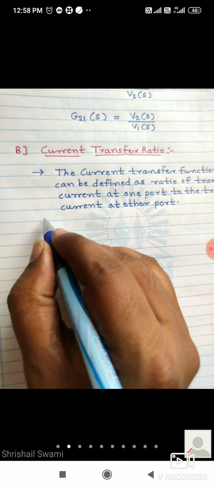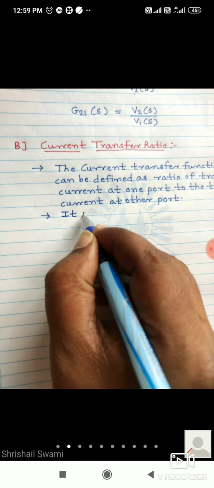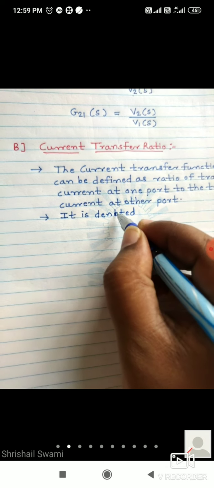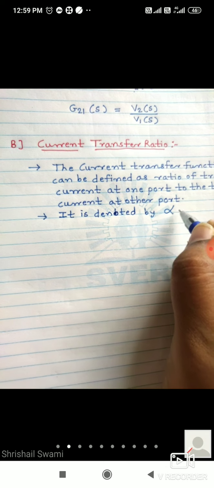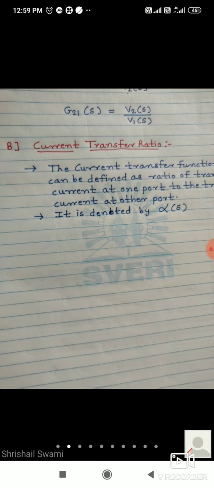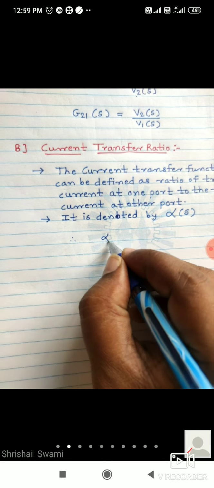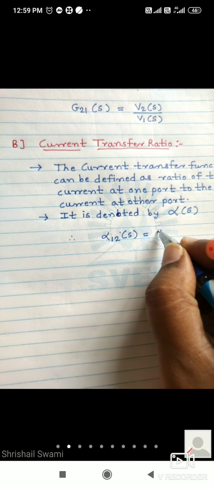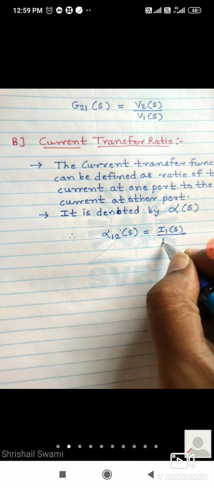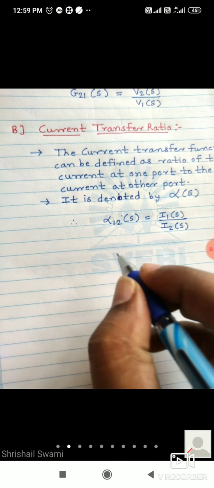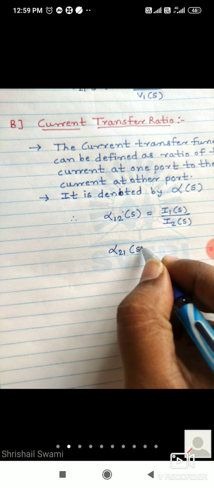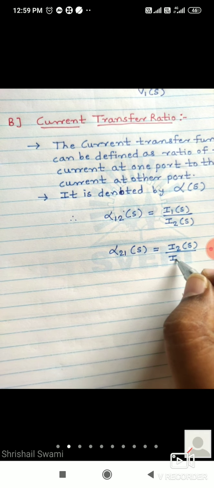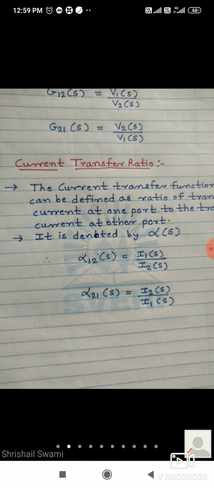Okay, so it is denoted by alpha of S. Okay, so now alpha 12 of S is equal to I1 of S divided by I2 of S, and alpha 21 of S is equal to I2 of S divided by I1 of S. So this is called as what?